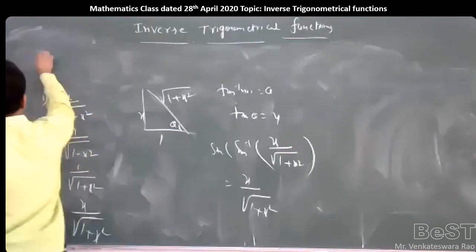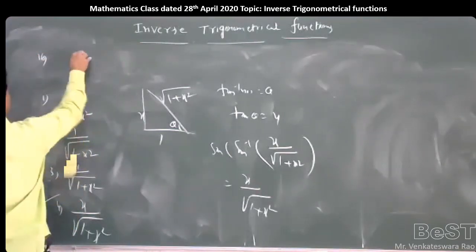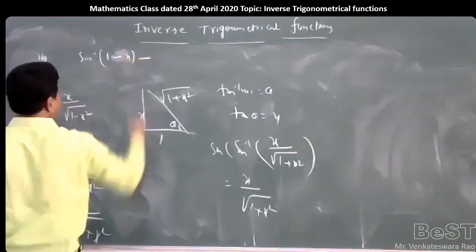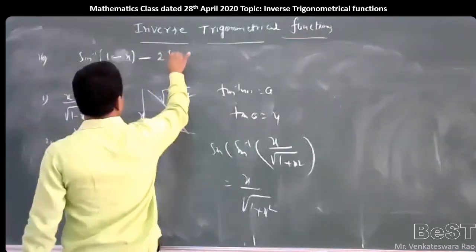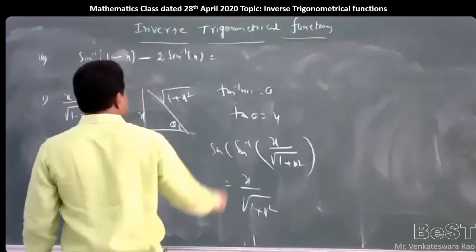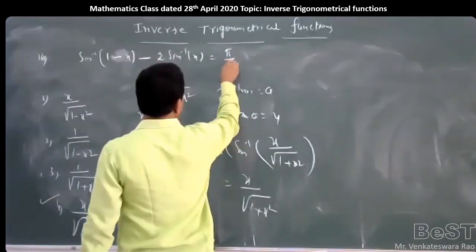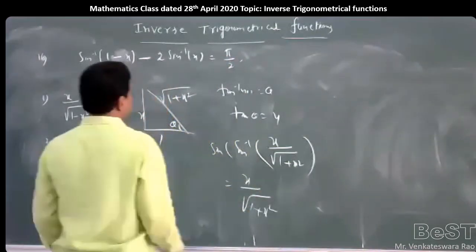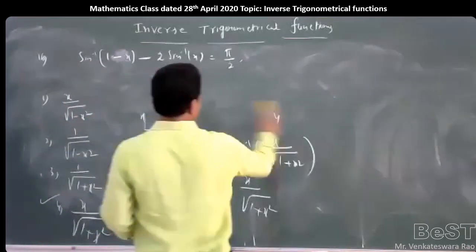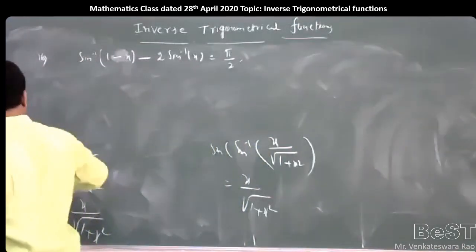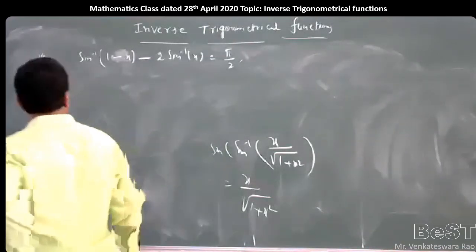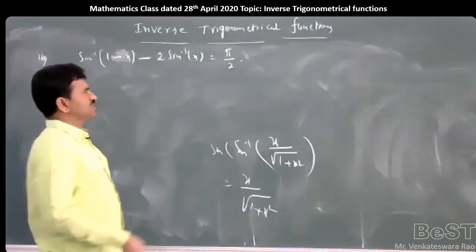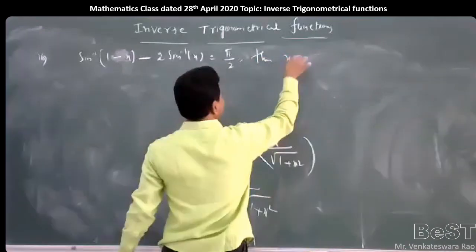No, 16th problem. If sine inverse of (1 minus x) minus 2 sine inverse of x is pi by 2, then x is, we have to find what is the x value.